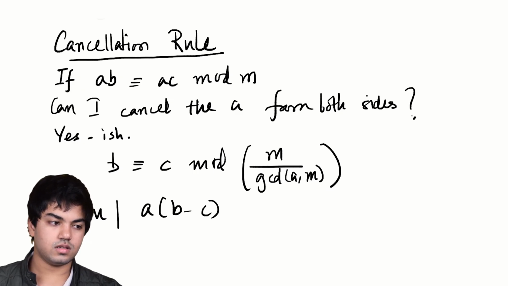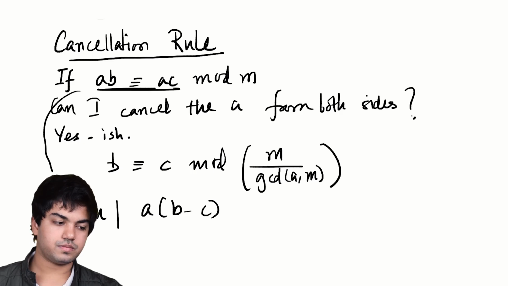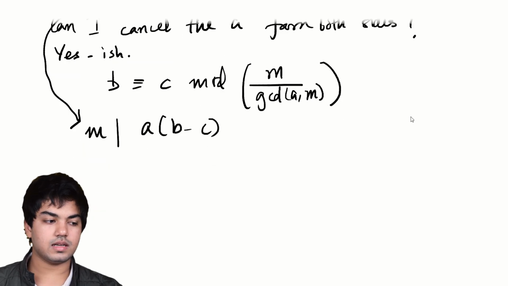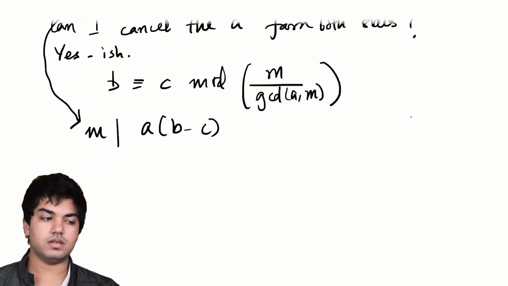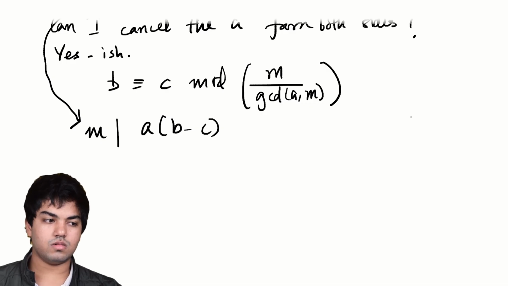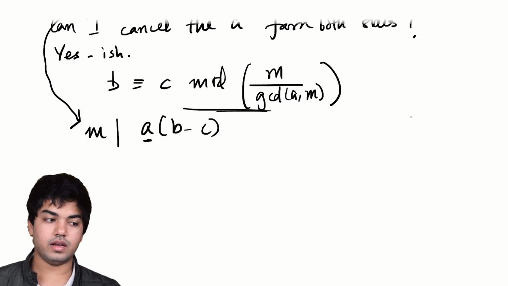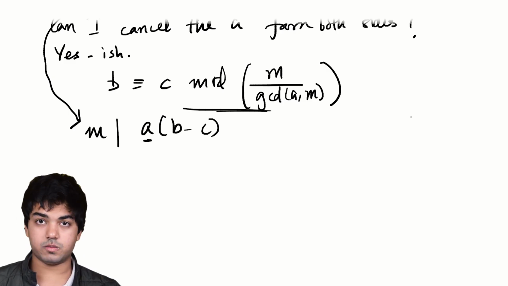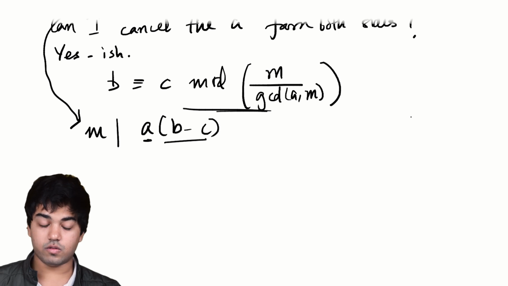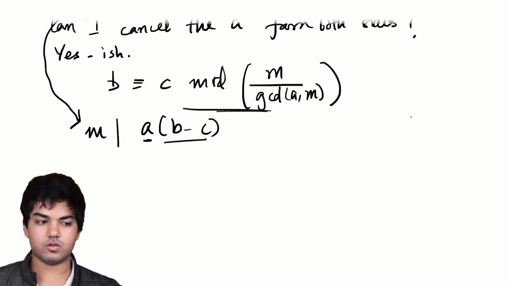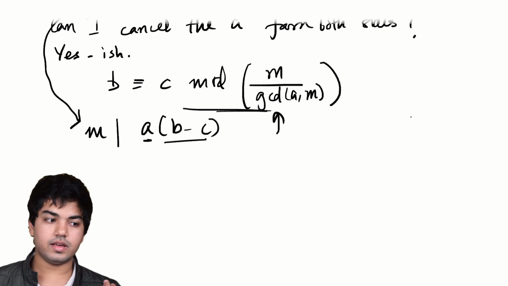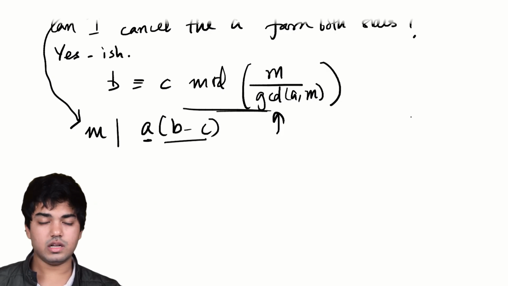That's what this is equivalent to. You want to say something like m divides b minus c. So what this statement is saying is that once you kill the common factor of a and m, what's remaining is obviously going to divide b minus c. Take away the factor of a that sits inside m, and whatever's remaining is going to divide b minus c. That's just common sense.